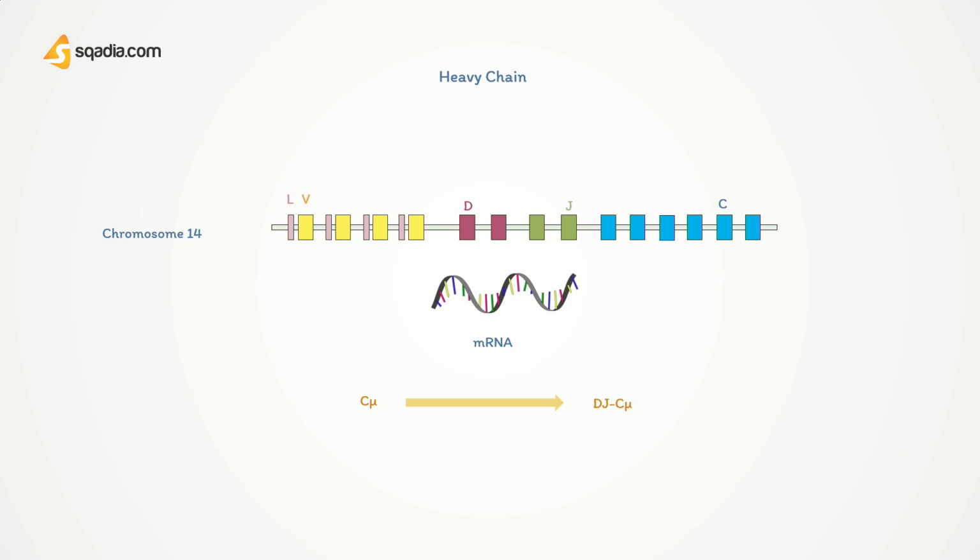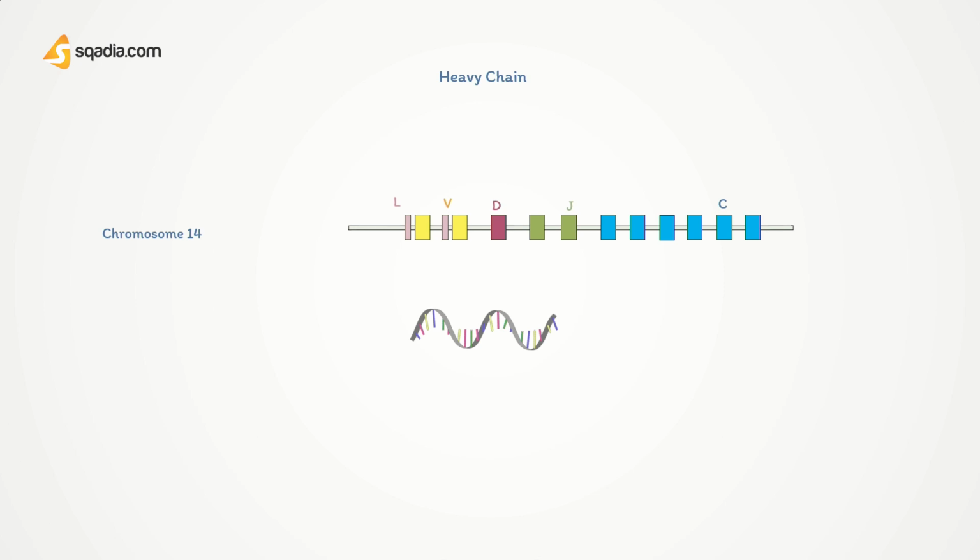Now, during maturation, the V gene and its corresponding L segment is brought next to the DJ gene. So now VDJ C-mu mRNA is transcribed from this. And a VDJ C-mu protein is now synthesized.